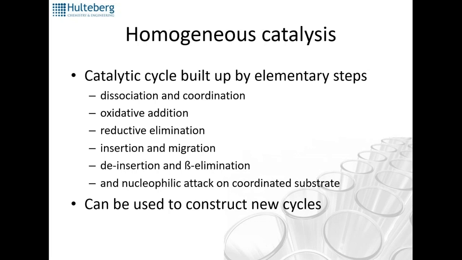And it can also be nucleophilic attacks on coordinated substrate. And since it's a limited number of steps, we can actually, in a quite intricate way, construct new cycles in theory and then try them out experimentally.